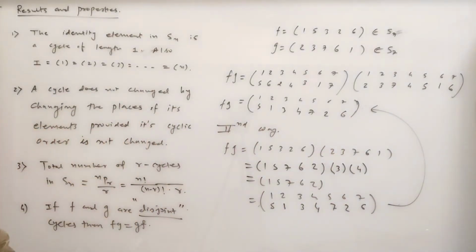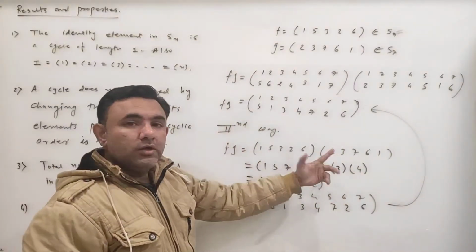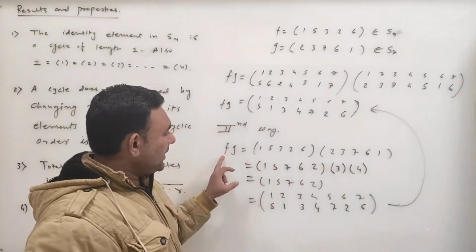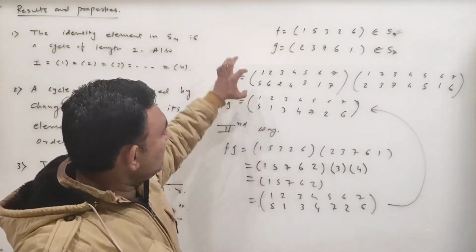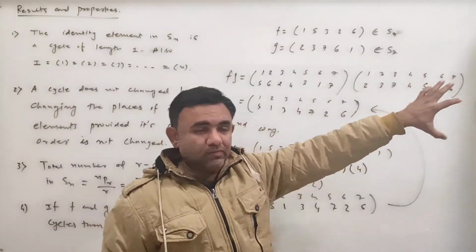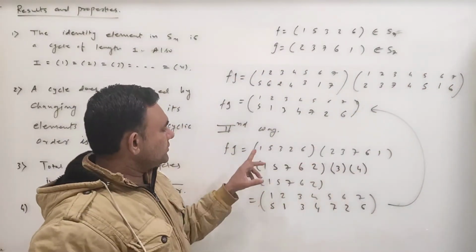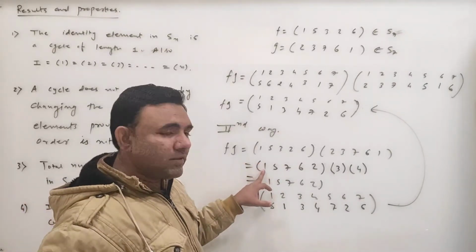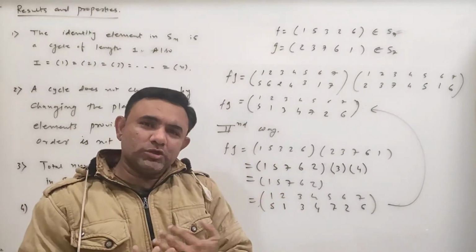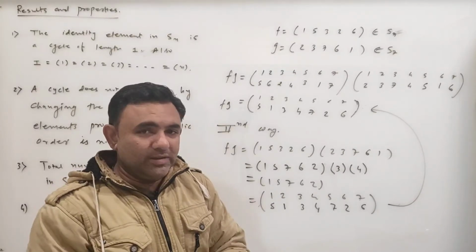So this is another way to compute the product of f and g without writing in this matrix notation, right? So what we are doing, you start with any object. Here I have started with 1, but you can start with 2 also, 3 also, 4 also, whatever you like, right?